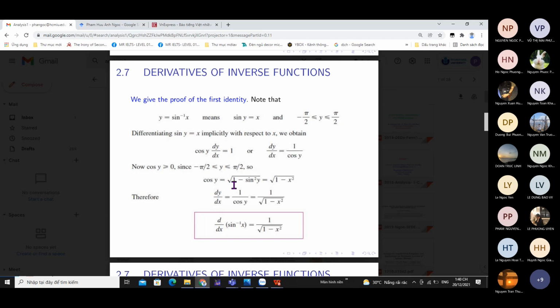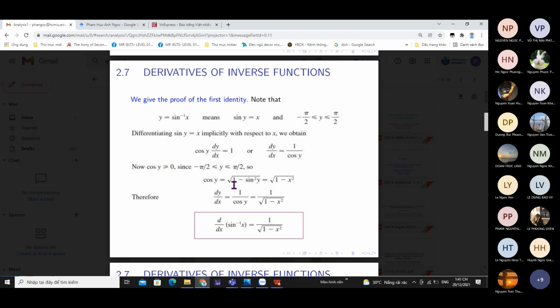It means the derivative of the function sine inverse of x is now given by 1 over cosine of y. Keep in mind that y here is between minus pi over 2 and pi over 2, so cosine of y is always non-negative. And that's why we use the following identity: cosine of y equals square root of 1 minus sine of y squared. Normally you have plus minus square root of 1 minus sine of y squared.